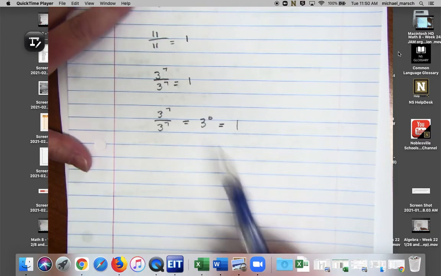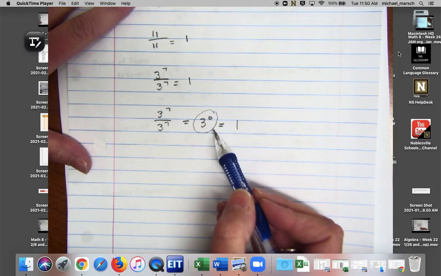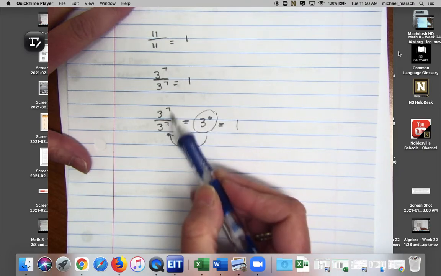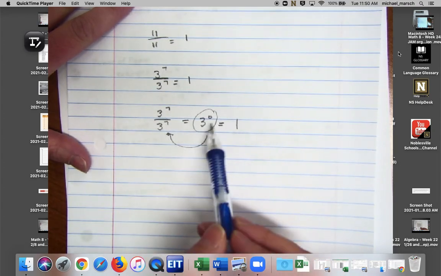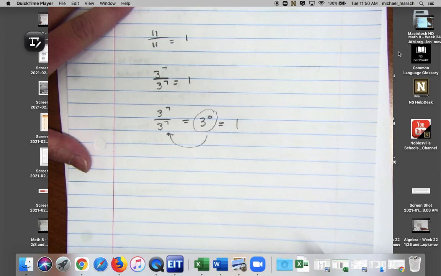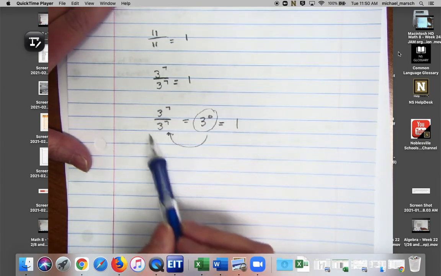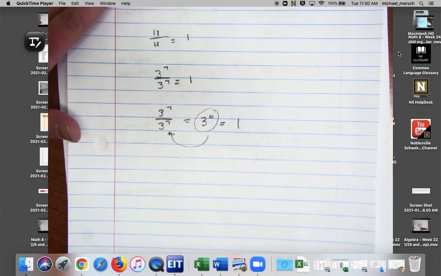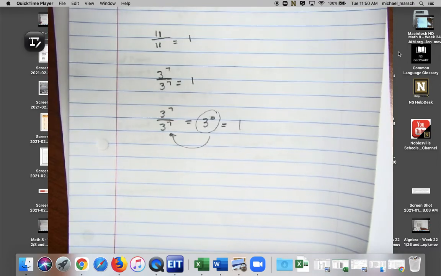So really, when we get to this point of a term, it means it came from something that looked like this, where I subtracted and I got 0 as my exponent. So that's why anything to the 0 power equals 1, because it means it started out as a fraction where the numerator and the denominator were the same. Cool? Interesting. Yeah? See? Sometimes it's fun to know behind the rules.